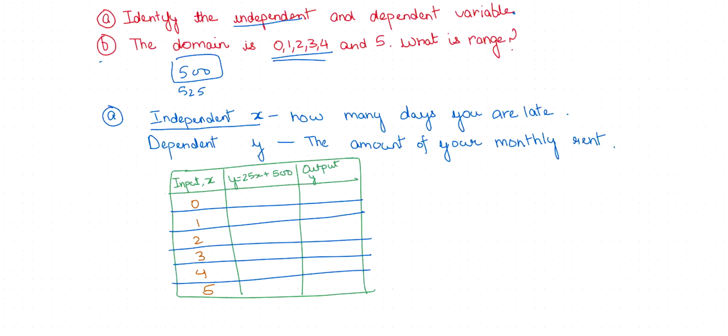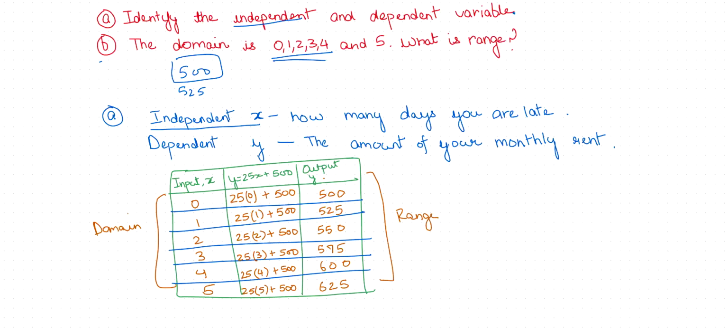So this is a table we draw. These are all domains, which is the input, and then y is equal to 25x plus 500. So this is the y which we will calculate, and this will be our range. So let's calculate these. When the input is 0, we get 500, meaning if we are 0 days late, we just pay 500.